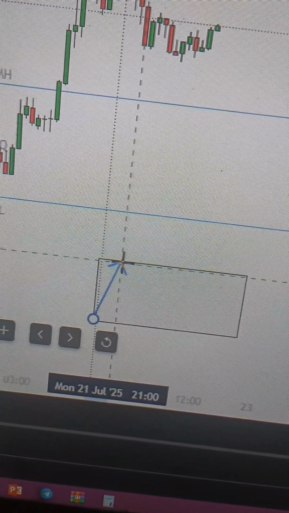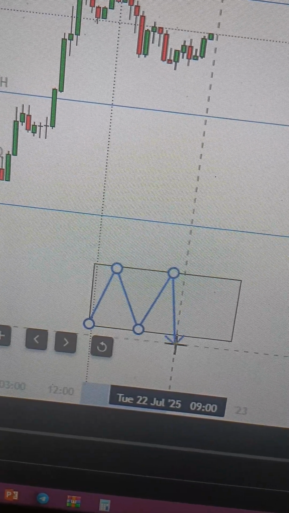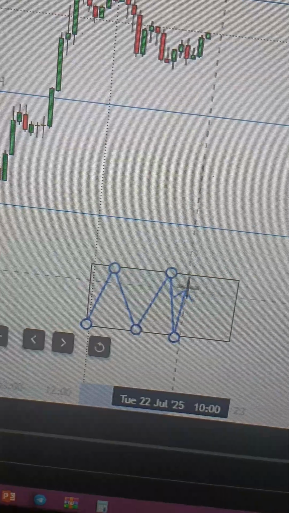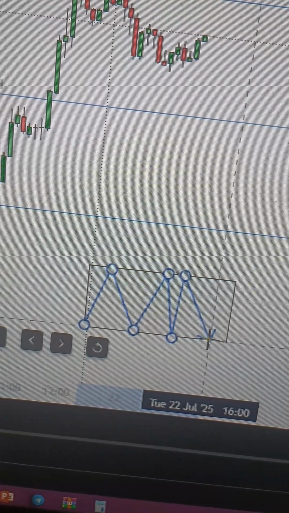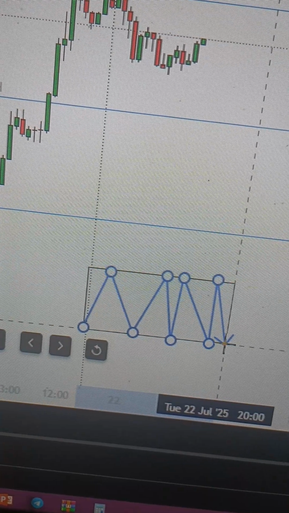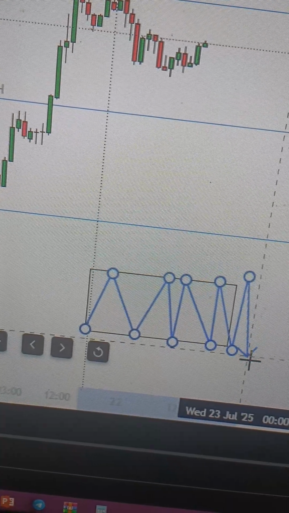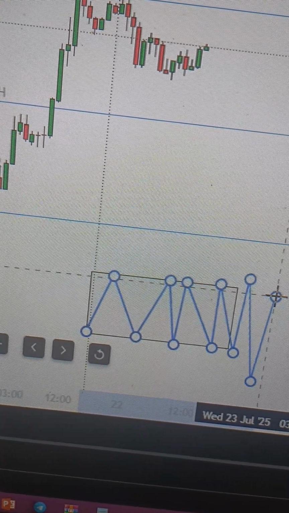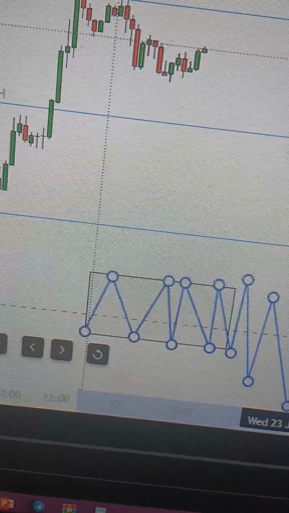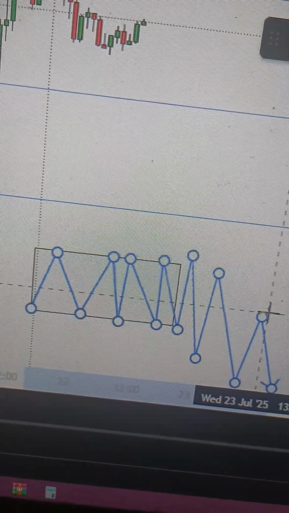If you have had the concept of CRT, it's the same concept. After Monday traded, we have now Tuesday. Coming into Tuesday, we wick Monday, and then we break structure, and now we continue like that. That is what we are expecting to see.